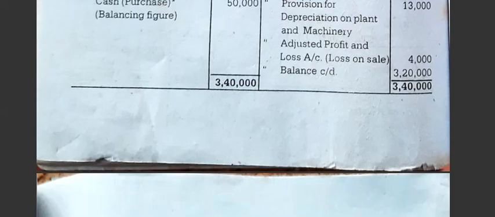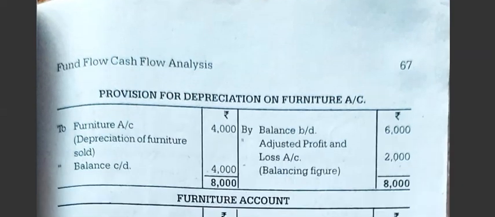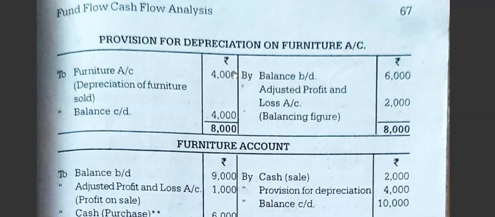Next we will open another account called provision for depreciation on furniture account. This is also the same. You have to first write the credit balance. Provision is a credit balance. So it starts with the credit side, by balance brought down, to balance carried on. Write the opening and closing balance together. After that, to the furniture account, it means the depreciation charged for the sold asset.